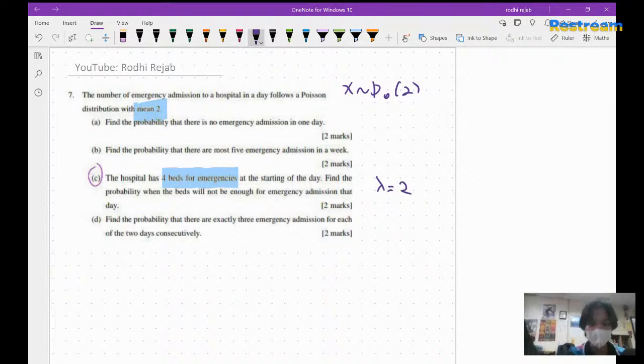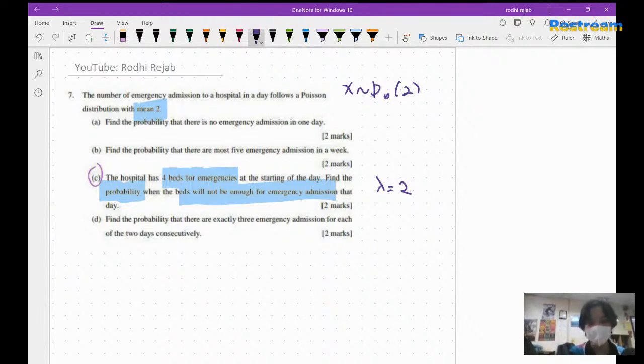If it says like for consecutive 2 days or consecutive blah blah blah, then the lambda changes. But for this one, the lambda remains the same. And then continuing off, it says find the probability when the beds will not be enough for emergency admissions.